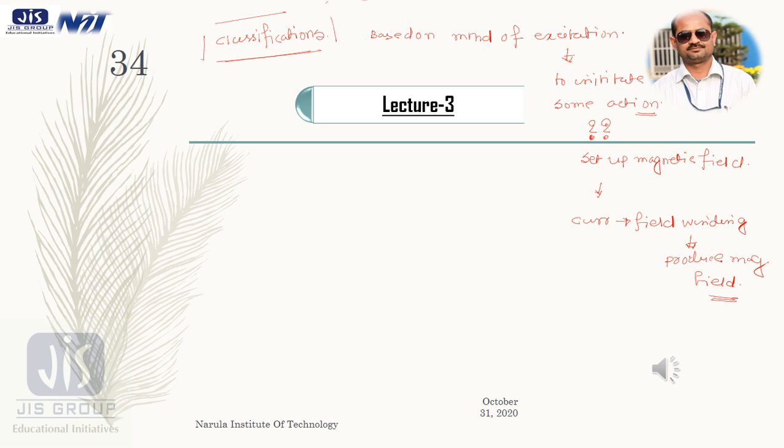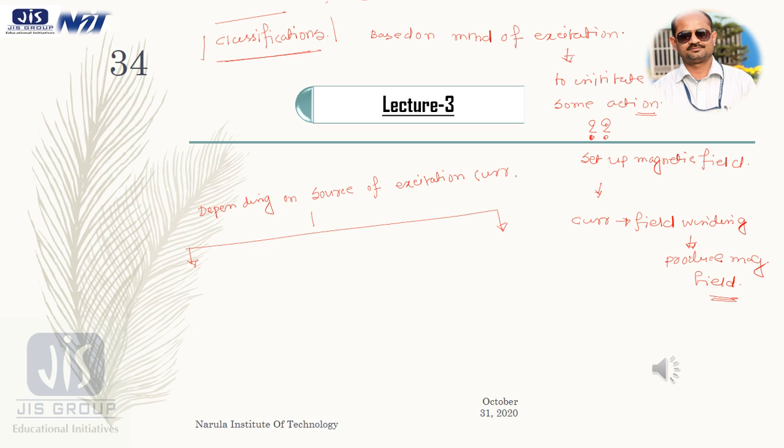So depending on the source of excitation current, DC machines are classified into two categories.